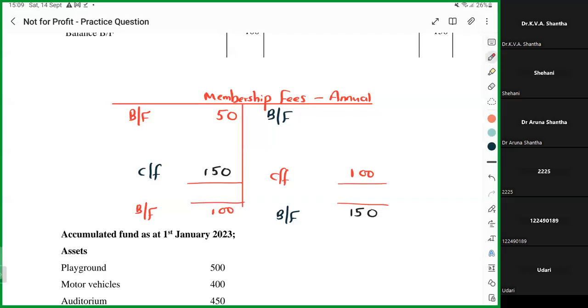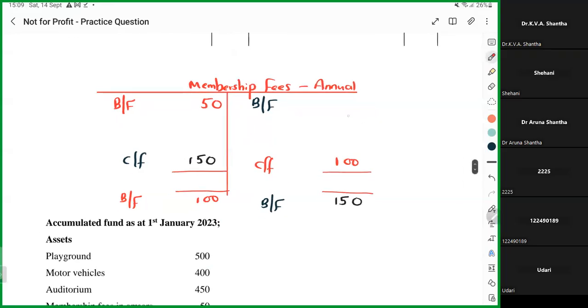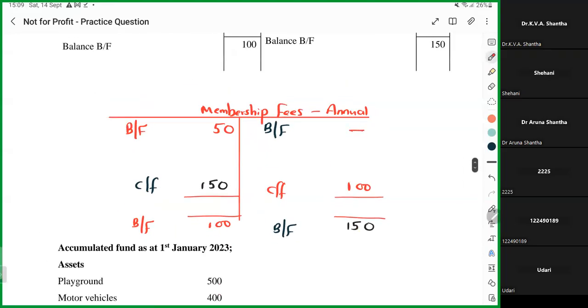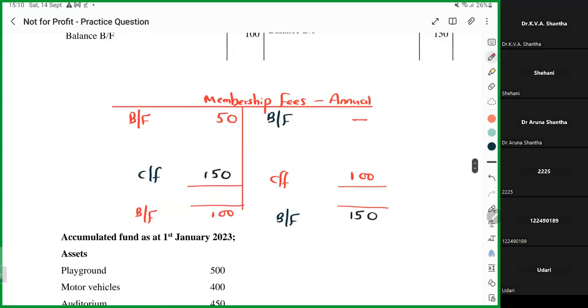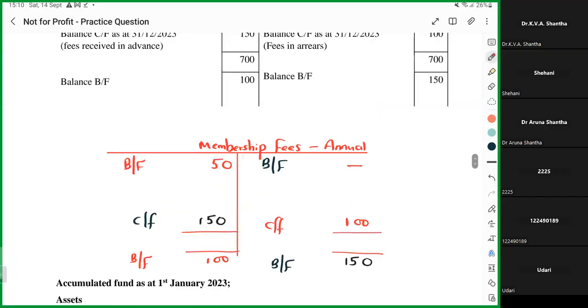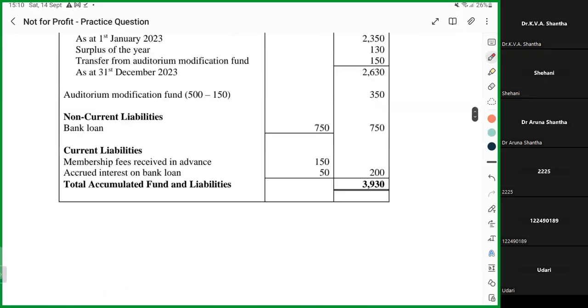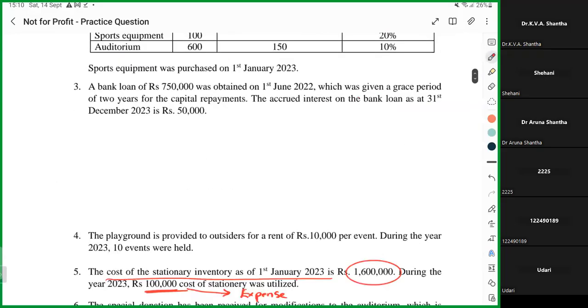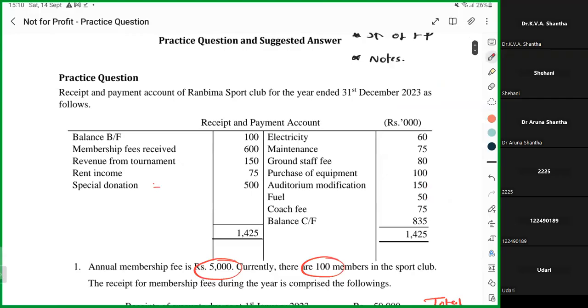Likewise, you have to find out those balances from the given information. Then you record the membership fees received and receivable, the total income. How much received: membership fees received, you see 600.